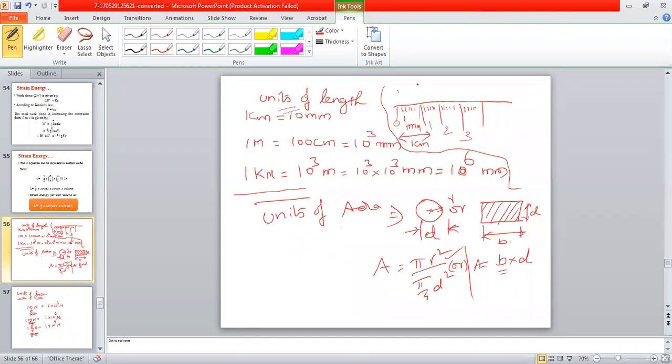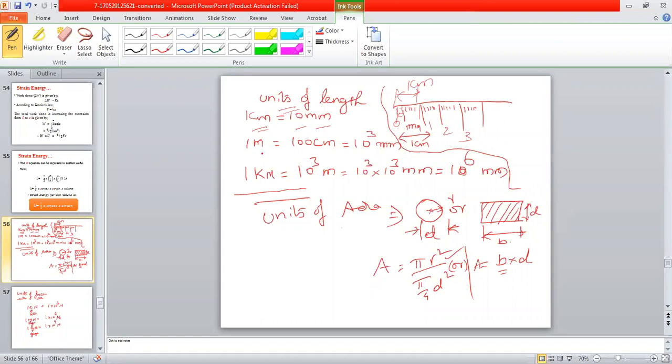The distance between 2 main scale marks is 1 centimeter, and in between we have 10 small divisions. These small divisions are called millimeters. So 1 centimeter is nothing but 10 mm.